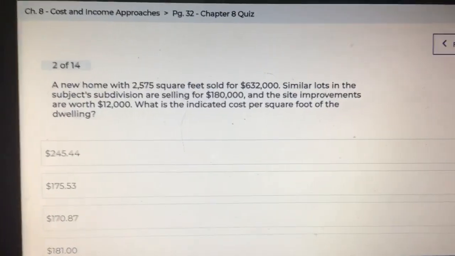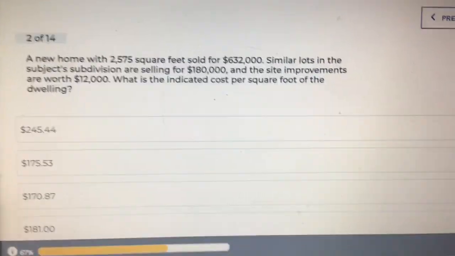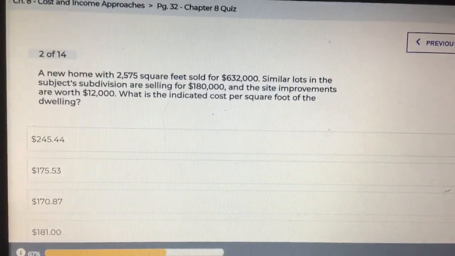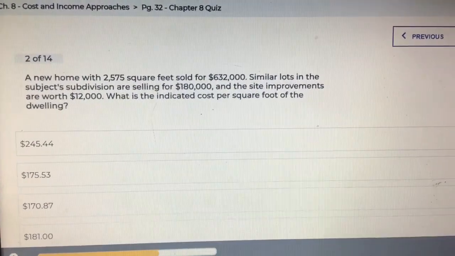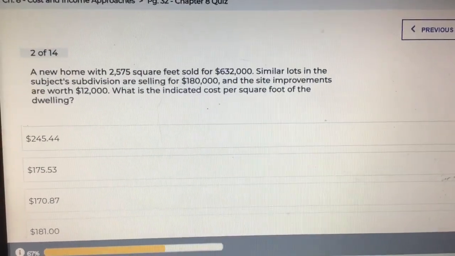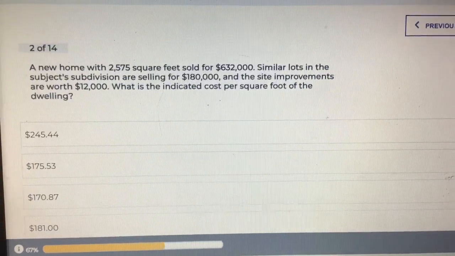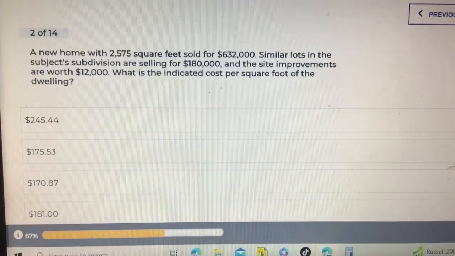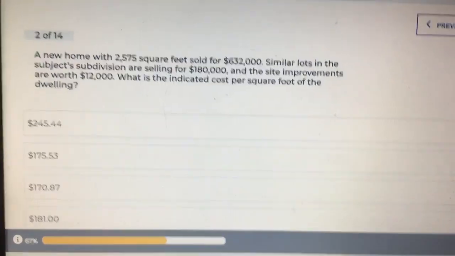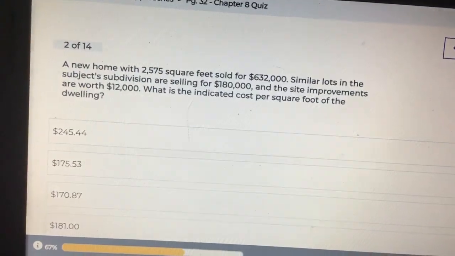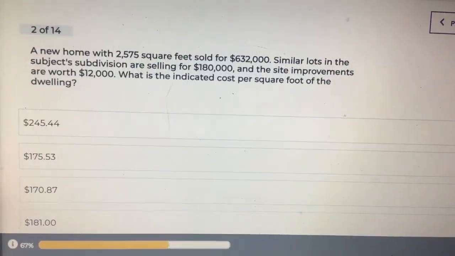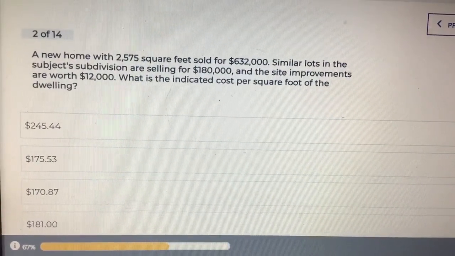Number 2. A new home with 2,575 square feet sold for $632,000. Similar lots in the subject subdivision are selling for $180,000, and the site improvements are worth $12,000. What is the indicated cost per square foot of the dwelling?